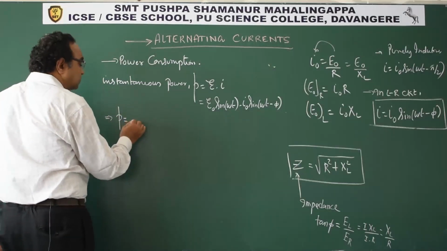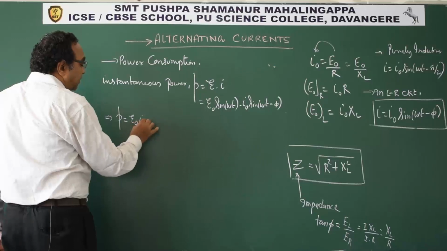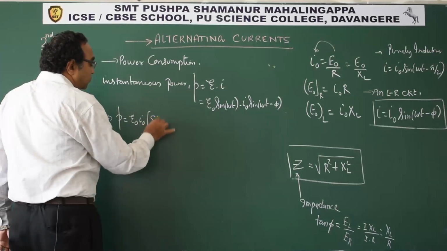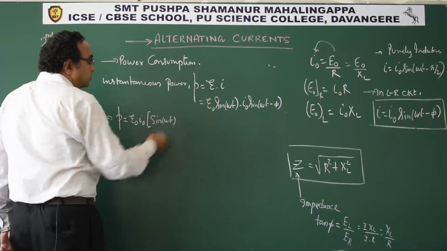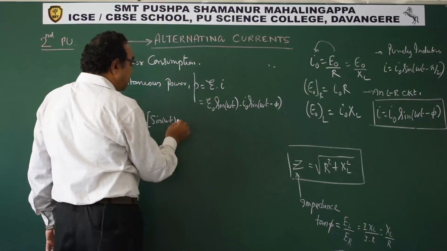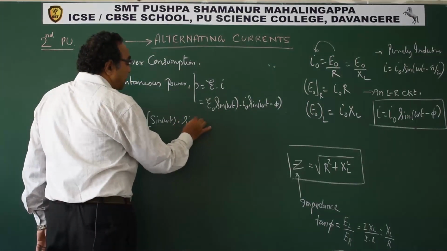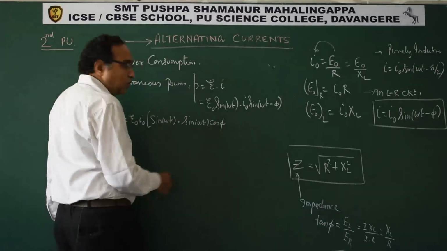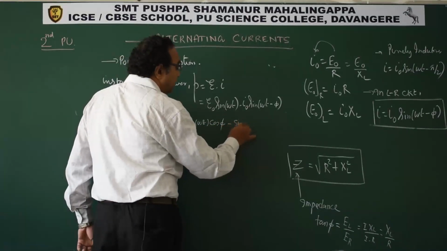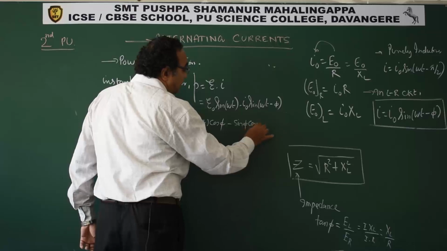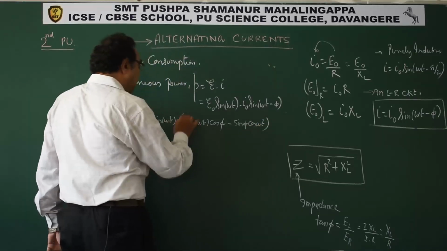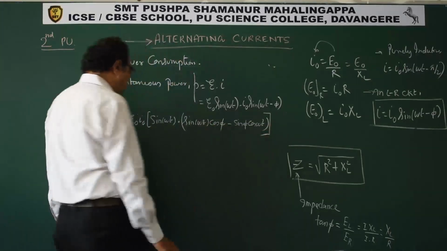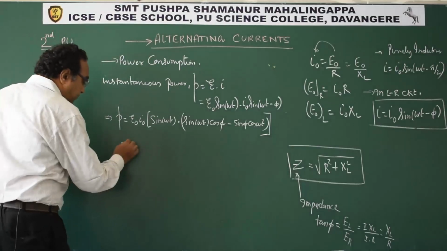So, expand it. We can write this way: E naught I naught sine of omega t into sine omega t cos phi minus cos omega t sine phi, using sine A cos B minus cos A sine B. I have expanded, so simplify it.